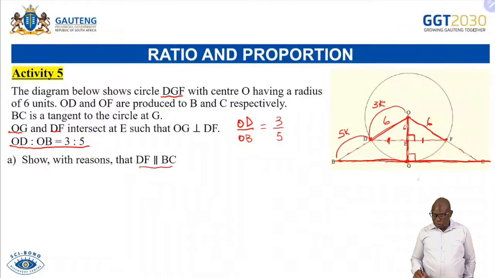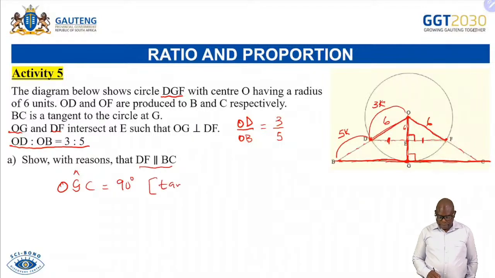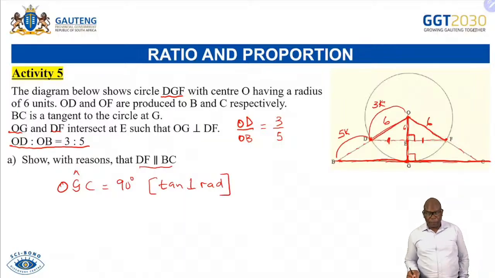So I can write angle OGC equals 90 degrees. What is the reason? Tangent perpendicular to the radius, the theorem in grade 11.